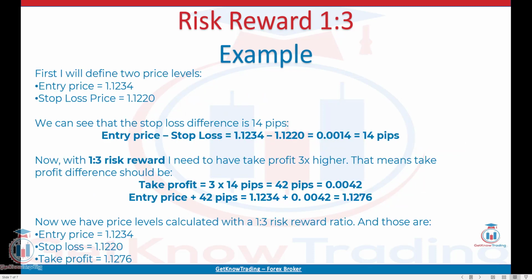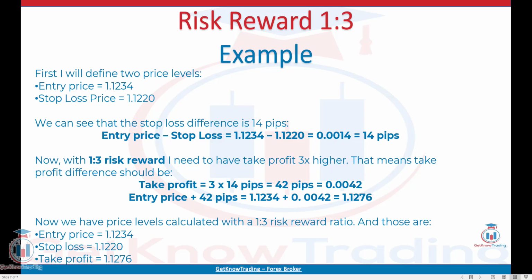Here is an example. If you define the entry price as 1.1234 and the stop loss price is 1.1220, you can see that the difference between the entry price and the stop loss is equal to 14 pips. So if you have 1/3 ratio, which means your take profit level should be 3 times more than the stop loss, in this case the take profit should be 3 multiplied with 14 pips, which would be 42 pips.